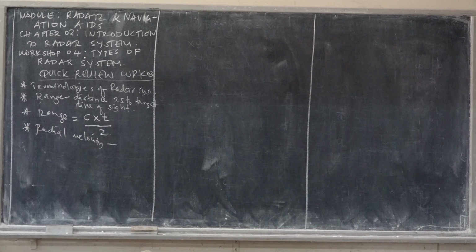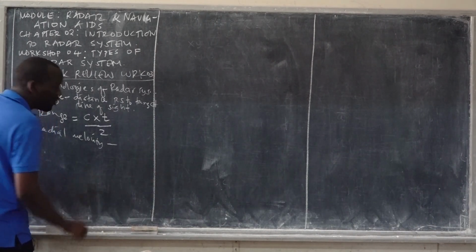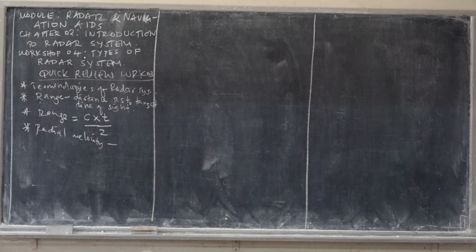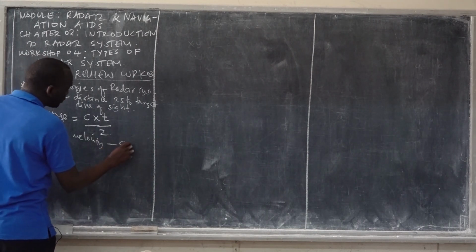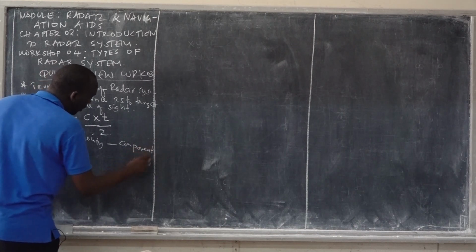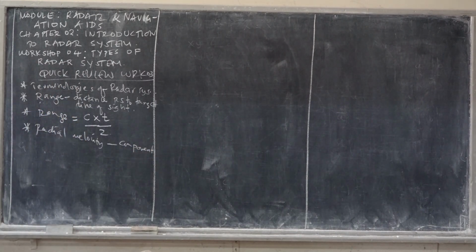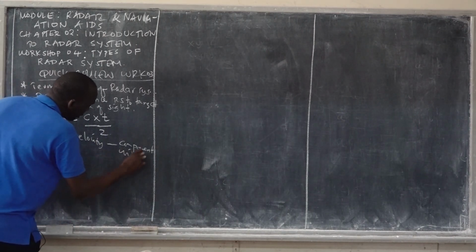I gave you two definitions of radial velocity. This is the component of the target's velocity.